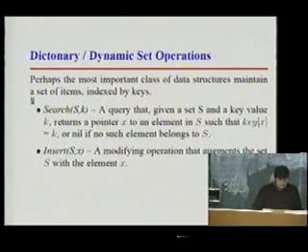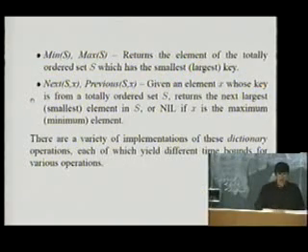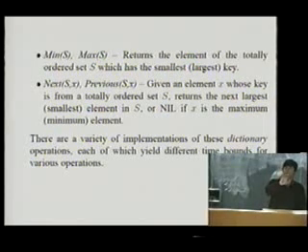What are the other operations that we're going to support? Min and max return either the smallest or largest key in alphabetical order. So what would the min of the people in this class be?